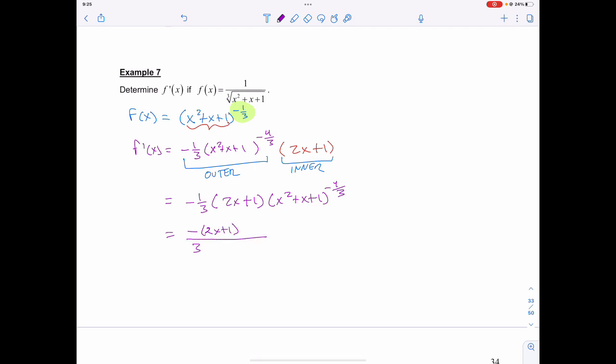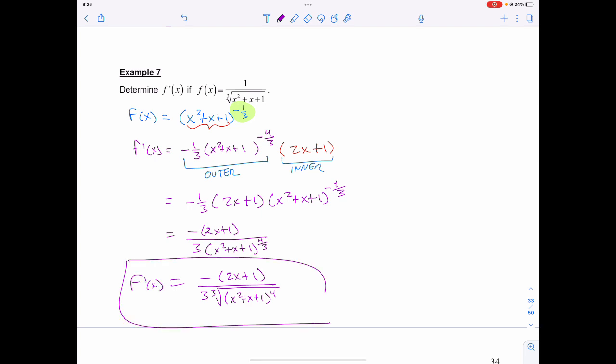The denominator already has a 3, and now it's going to get that x squared plus x plus 1 to the 4/3, or negative bracket 2x plus 1 over 3 and the cube root of x squared plus x plus 1 to the power of 4. And that's it.